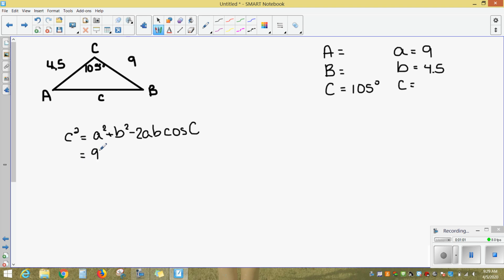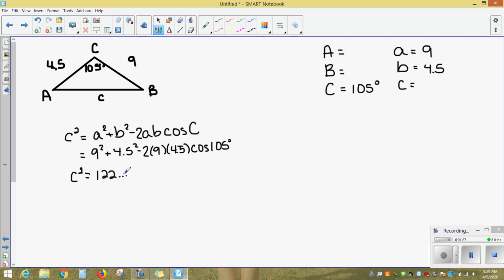So if side A is 9 and side B is 4.5, we just plug in and push the buttons. This is a tedious formula, and it's just a matter of pushing the right buttons, asking your calculator the right question.